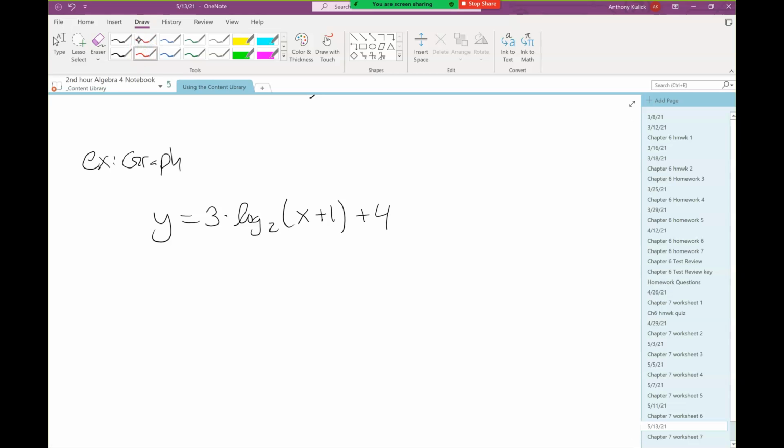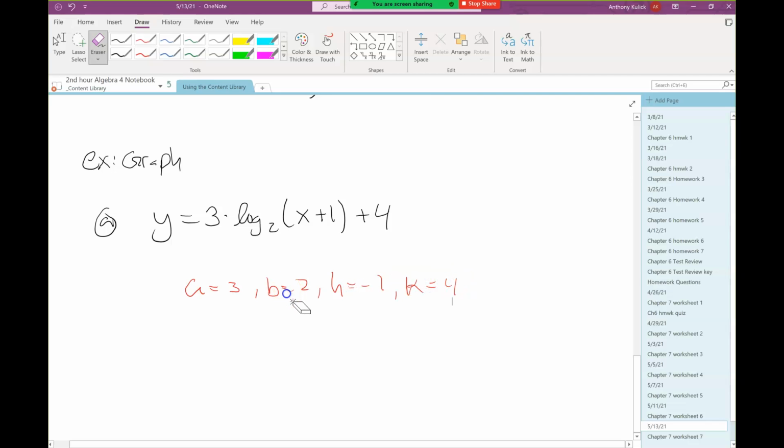So let's say we wanted to graph y equals 3 times log base 2 of x plus 1, plus 4. Here my values are a is 3, b is 2, h is negative 1, and k is 4.